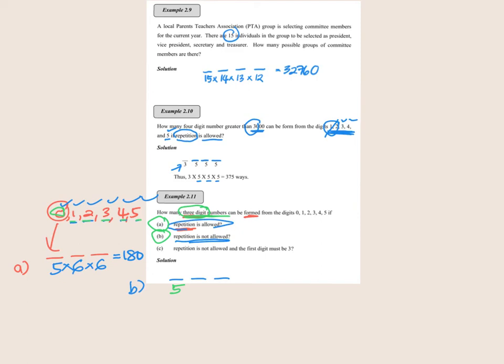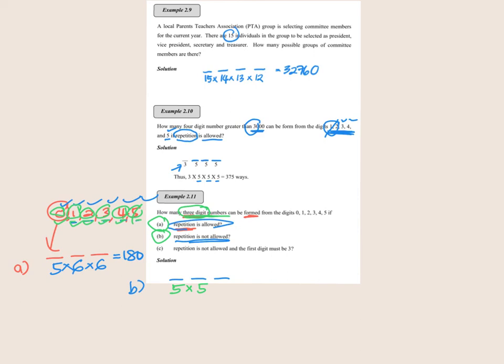But assuming that you already selected one number from 1, 2, 3, 4, 5, maybe we select 5, so we only have 4, 3, 2, 1 left. But for the second slot, 0 can be included. So we still have 5 different digits for the second slot.